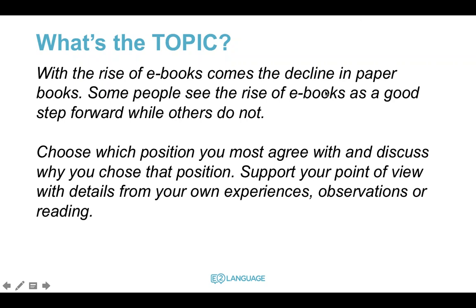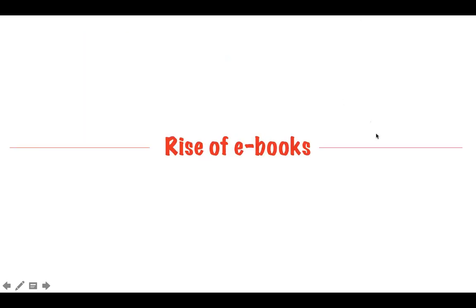So let's look at what I have put here. Topic, rise of ebooks. That's the essence of this question prompt. And you want to write the essence of the question prompt right there in the middle of the page, because you need to be constantly reminded of that essence.